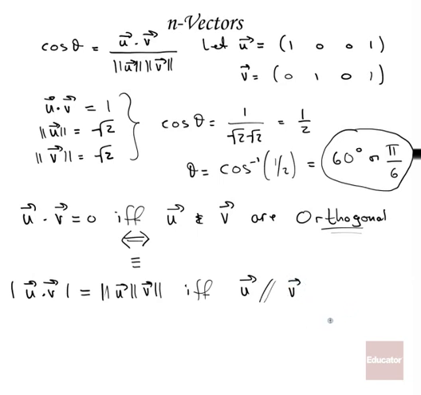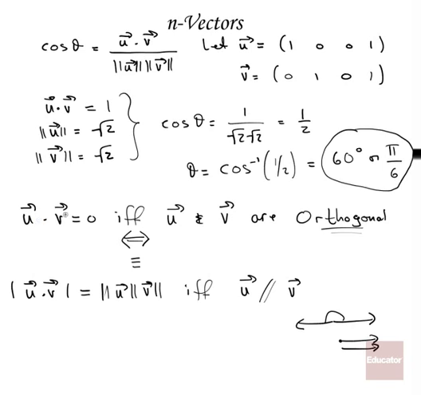If you have u this way and v this way, the angle between them is 180 degrees. They're parallel. Or the other possibility is u that way and v that way. If they're in the same direction, the angle between them, if I put them right on top of each other, is 0. Well, the cosine of 0 is 1. The cosine of 180 degrees is -1. So that's where this inequality in the Cauchy-Schwarz inequality becomes a strict equality.